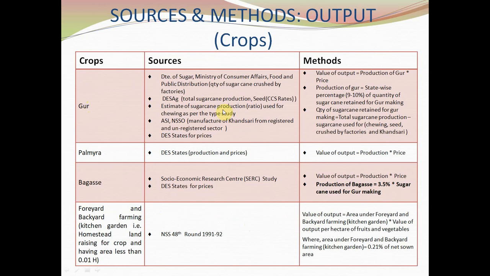For gur production, sources for different data are here. Directorate of Sugar, Ministry of Consumer Affairs, Food and Public Distribution is providing quantity of sugarcane crushed by factories, and DES, Ministry of Agriculture, is providing total sugarcane production along with rates for chewing and seed. Now, for estimates of sugar production, a ratio is used for chewing as per the study.